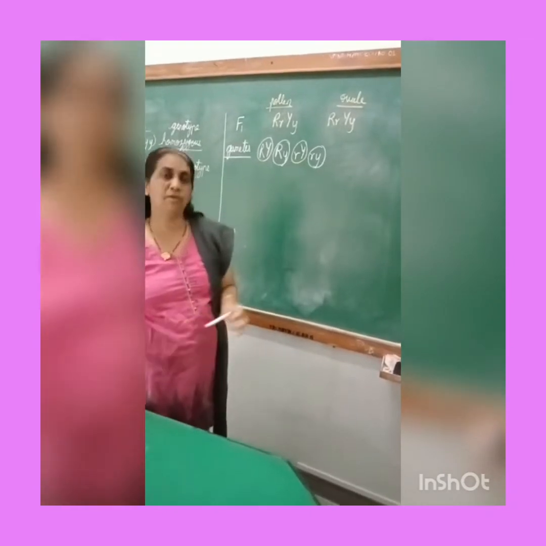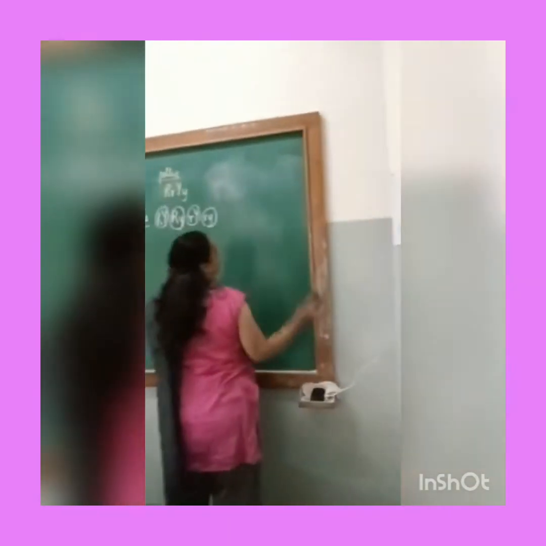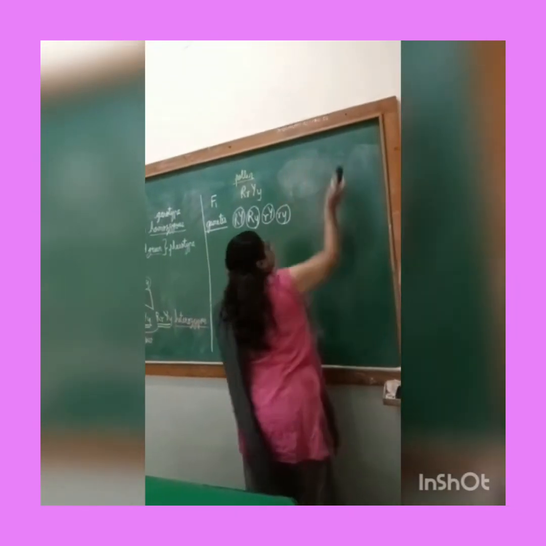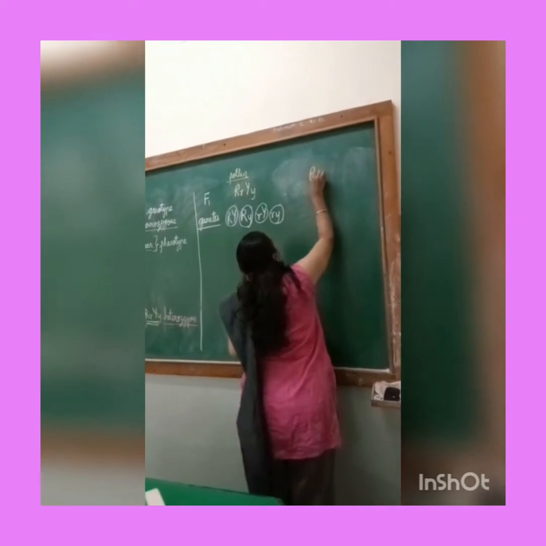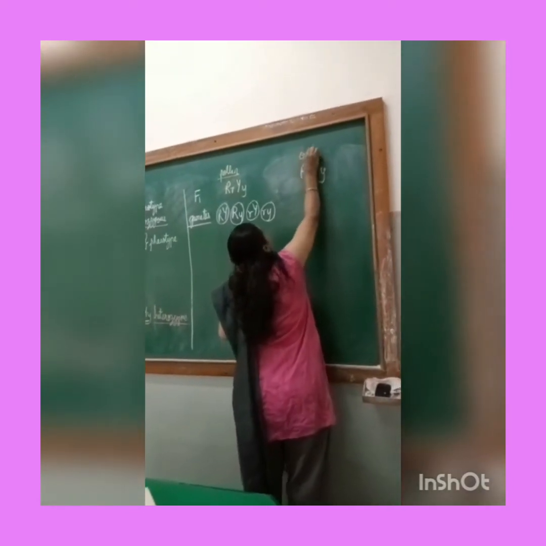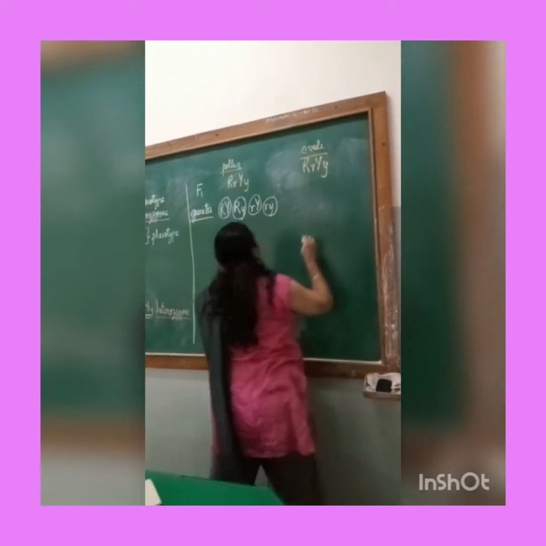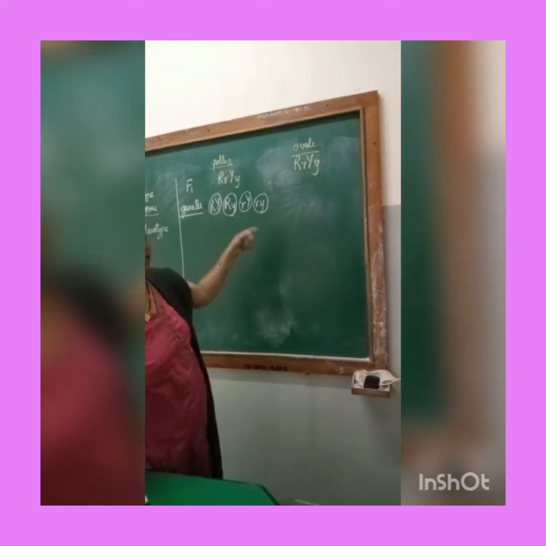Okay. Now the same thing will happen with the ovule also. I will just shift this to that side. The four types of ovules that will be formed will be similar to this.